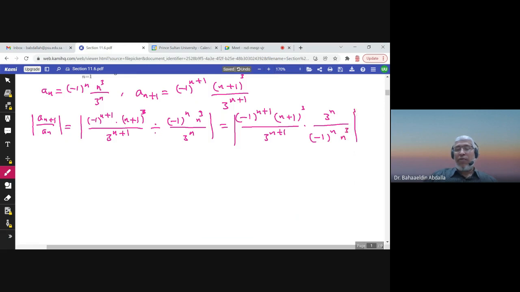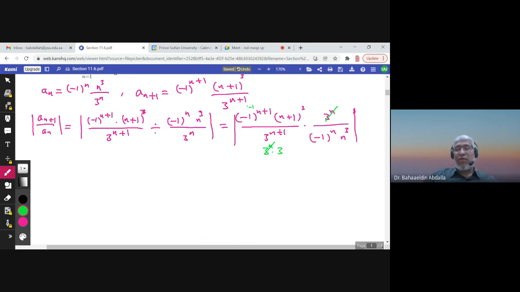And now, if there is any cancellation, you cancel. Now, 3 to the power n, and this is 3 to the power n plus 1. I can write 3 to the power n plus 1 as 3 to the power n times 3 to the power 1, because when you multiply, you add the powers. So I can cancel these two. Also here, I have negative 1 to the power n plus 1 and negative 1 to the power n.